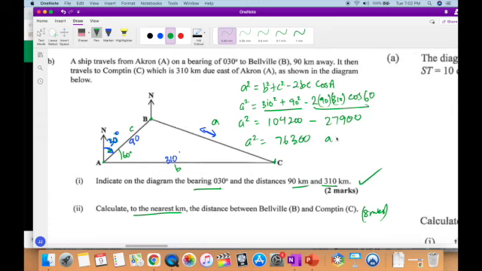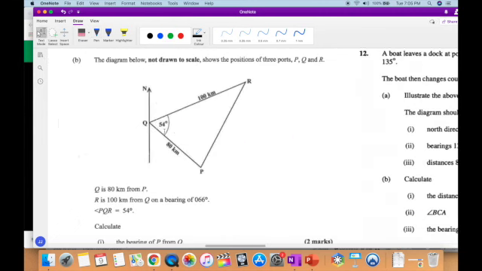So A is the square root of 76,300, which is 276.22. And remember, in the formula sheet for the cosine rule, they only have this.